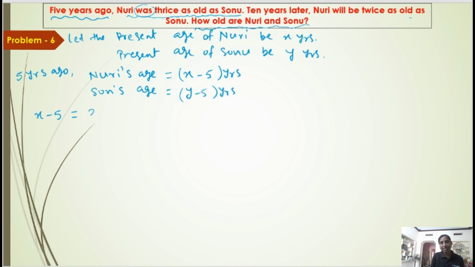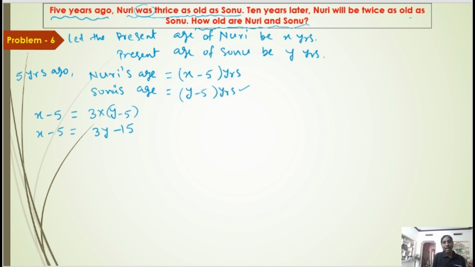Thrice means 3 times Sonu's age. What was Sonu's age? y minus 5. So now simplify it. x minus 5 is equal to 3y minus 15.